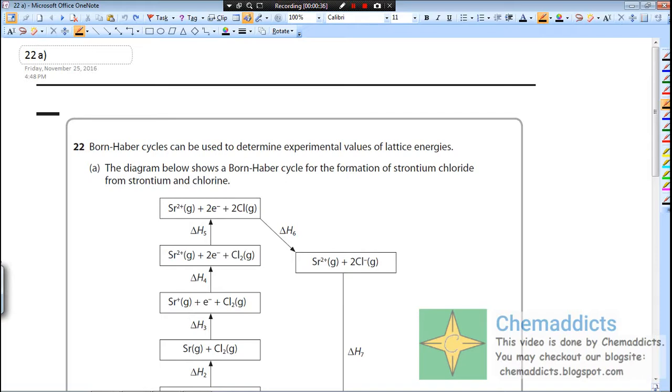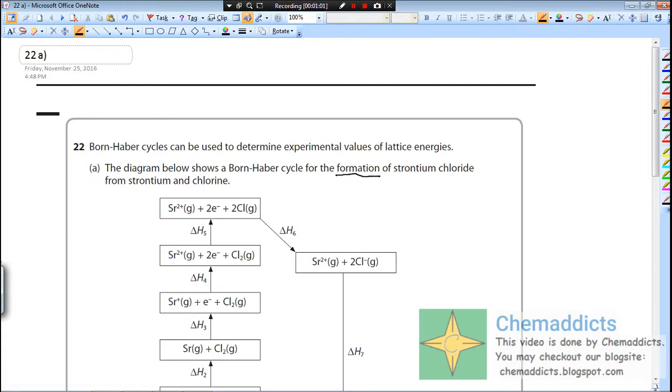So at first, let us read the question. The question says: Born-Haber cycles can be used to determine experimental values of lattice energies. The diagram below shows a Born-Haber cycle for the formation of strontium chloride from strontium and chlorine.